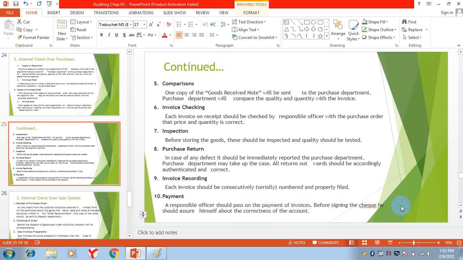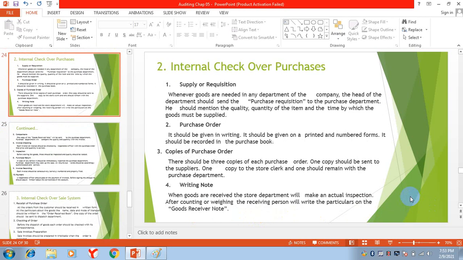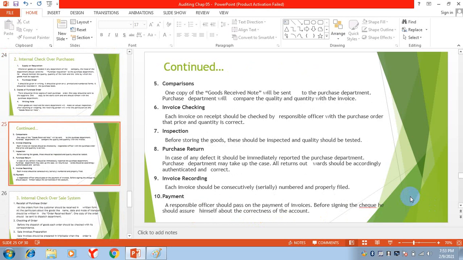So it is the responsibility of one responsible officer for payments on invoices to check that he is making payment to the right person and the right account. So this is our overall system for internal check over purchases.